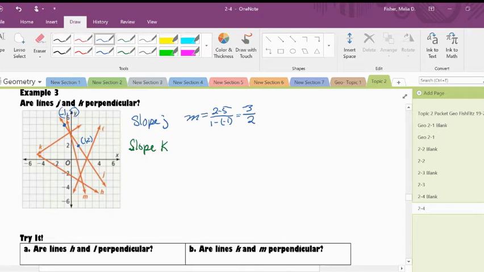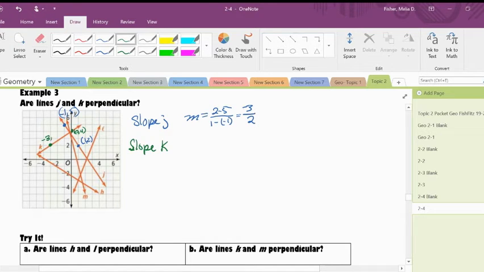over 2. Now looking at K, let's use the point 0, 4. It intersects right there at 0, 4. And let's use this point over here, which is at -3, +2.